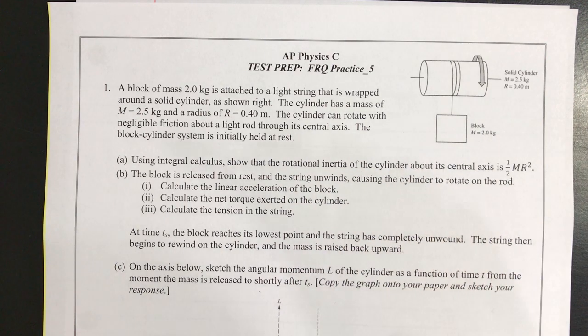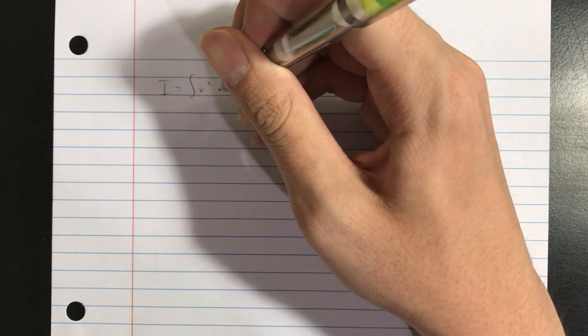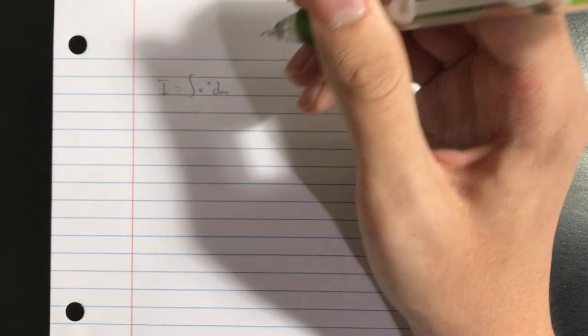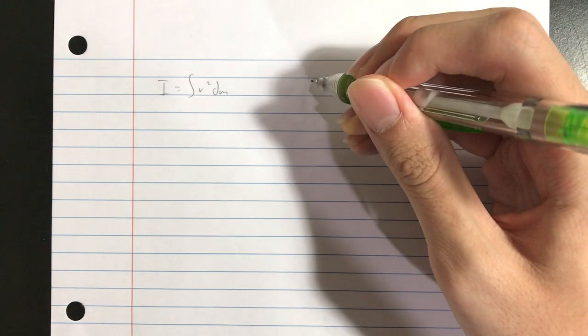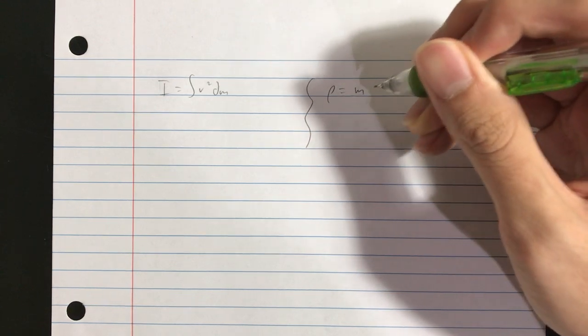Anyway, you know, or at least you should know, that I, moment of inertia, equals the integral of r squared dm. Now, we can substitute dm by using the density formula, ρ equals mass over volume, ρ being the density.